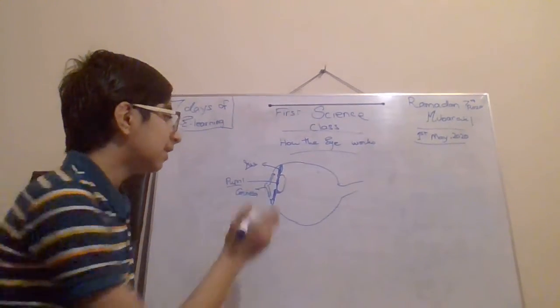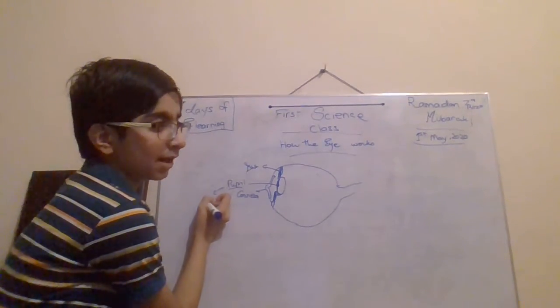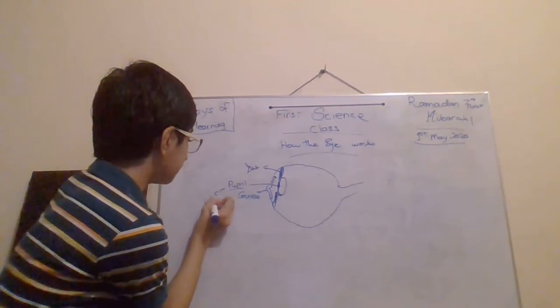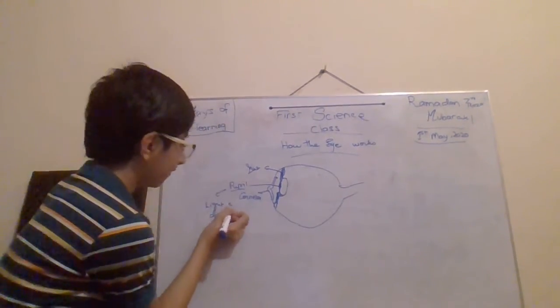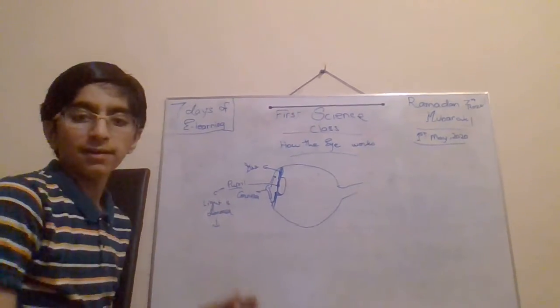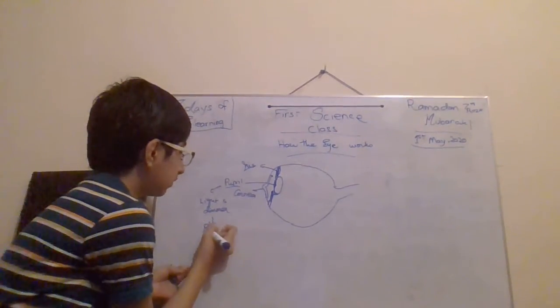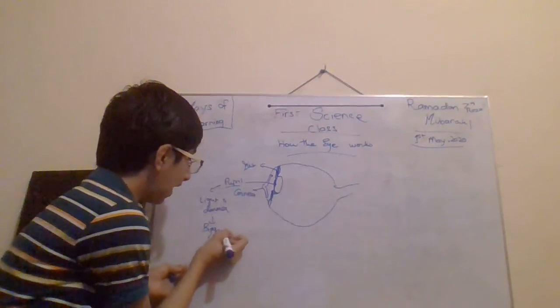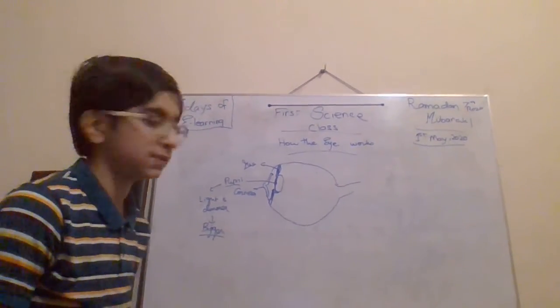position of the light. For example, if the light is dimmer, then the pupil will become bigger, to let in as much light as possible so that it is easier to see.